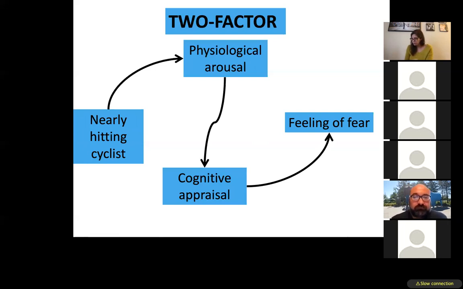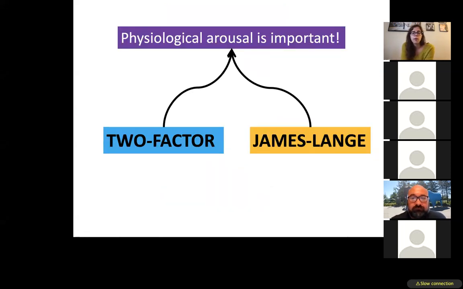Okay. All right. So here is how these theories are similar to one another. Physiological arousal is important in leading to your experience of an emotion in the two-factor theory and the James Lange theory.